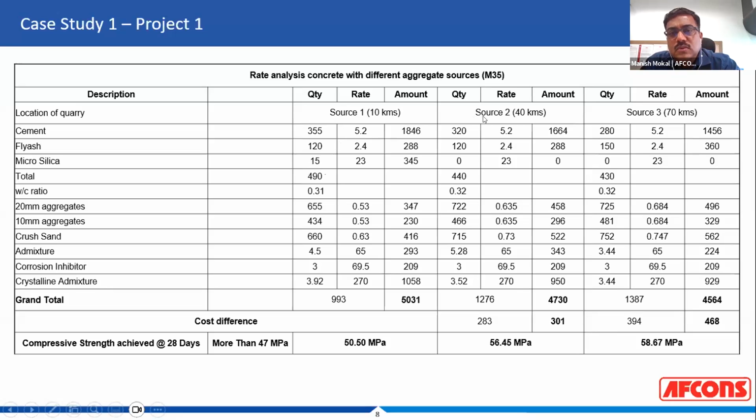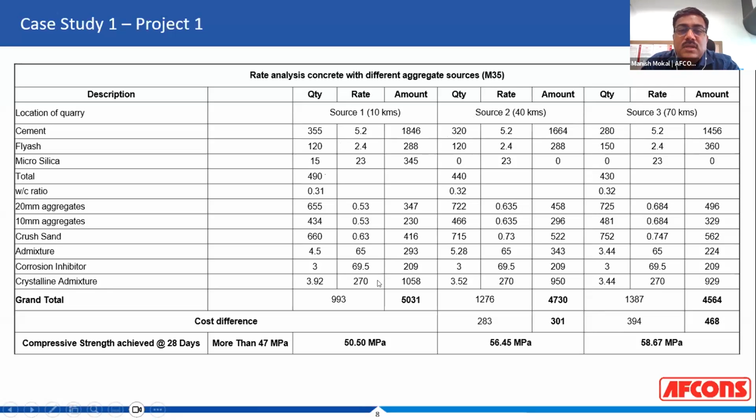Source 2 was a better aggregate as compared to source 1, and the cement contents reduced, and we were able to eliminate microsilica. For source 3, the aggregate was coming from the farthest. However, it was a very good aggregate, and we were able to reduce the cement contents substantially.